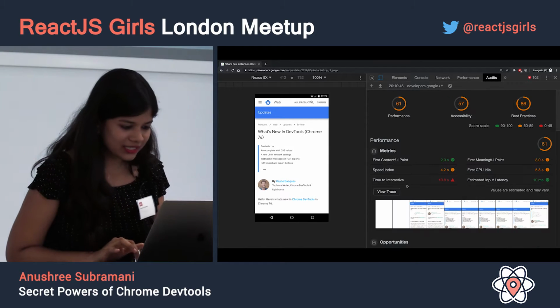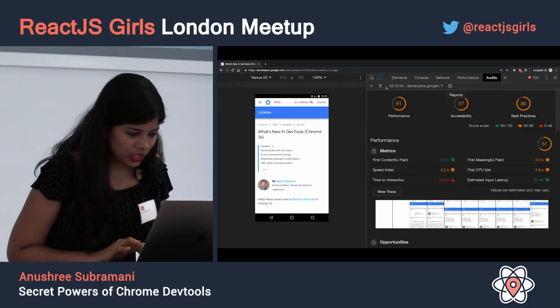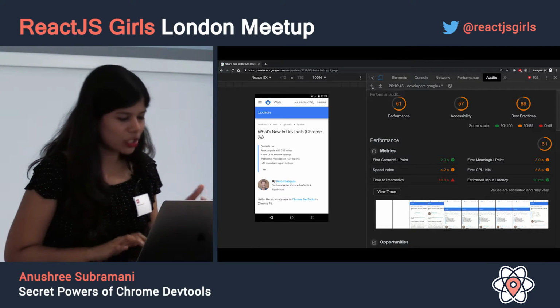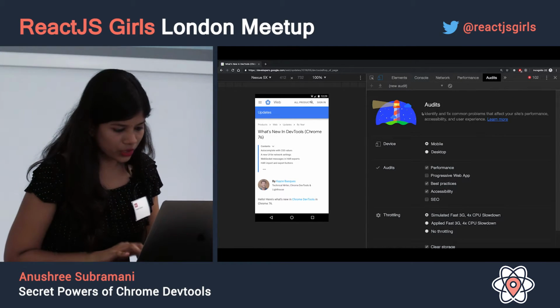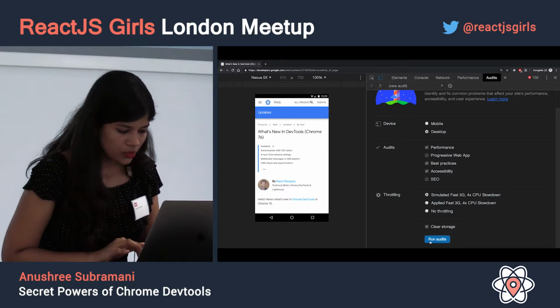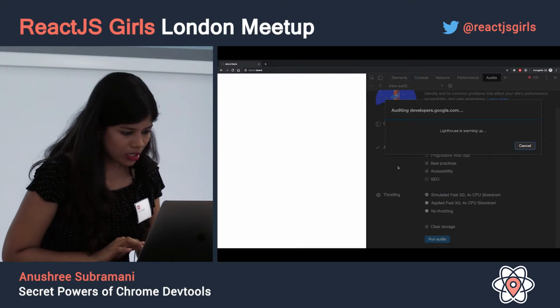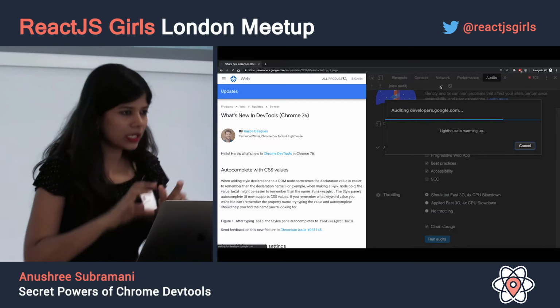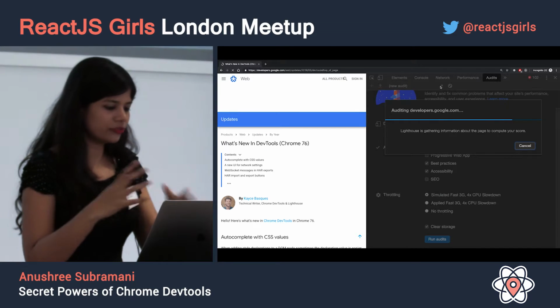There is another thing that you can do. You can run as many audits as you want, right? You can run another audit for the desktop. We ran one for mobile right now. You can run another one for desktop, and it'll temporarily cache all of these reports.